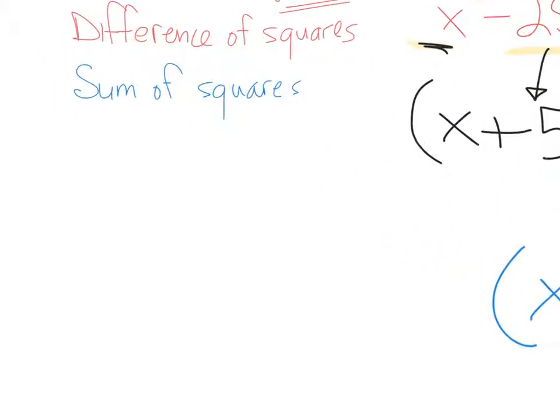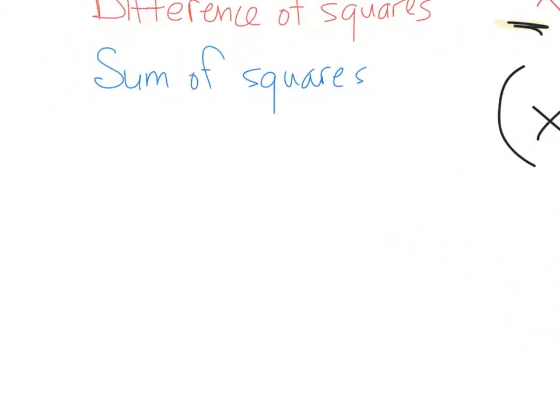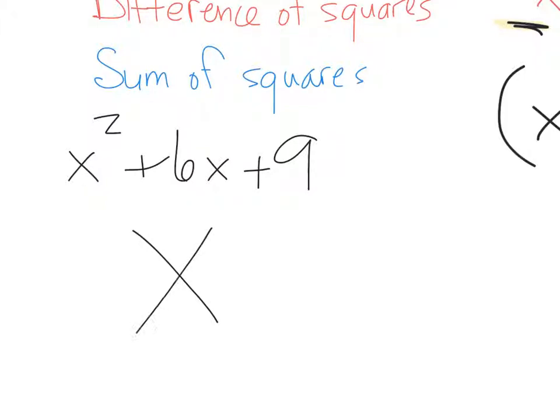Now the sum of squares is a little bit different. It looks normal, like a normal quadratic, like x squared plus 6x plus 9. Okay, looks like a completely normal quadratic, and it is. Don't worry, it is. So we can factor it like a normal quadratic. What numbers multiply to give us 9 and add to give us 6? And we see that the numbers are the same.